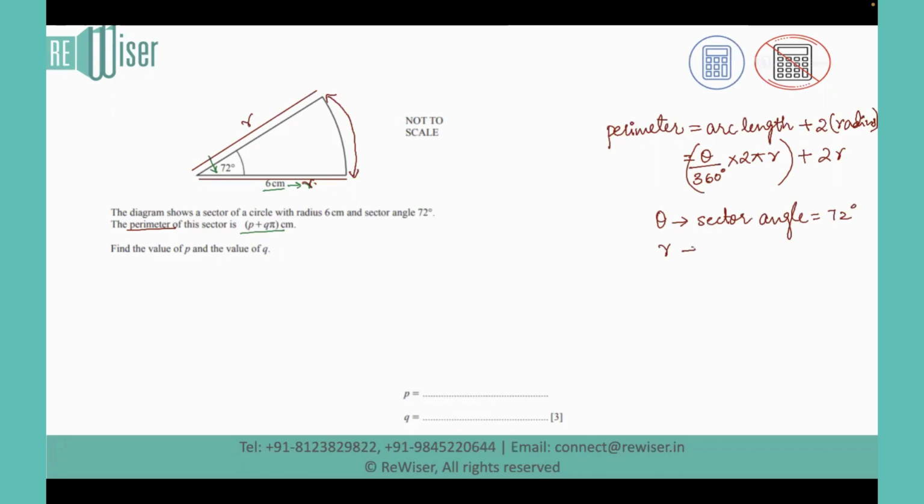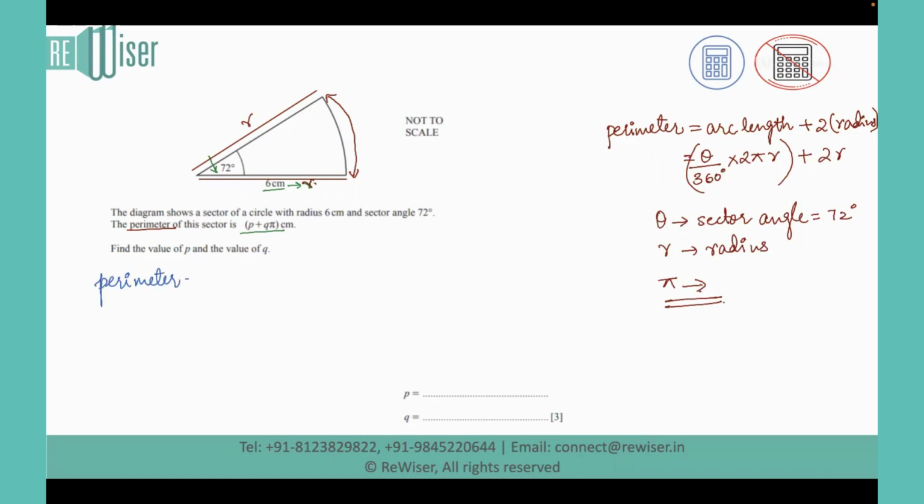R is the radius of the sector, and pi, as we know, is 3.14, but as we can see, the answer here is written in terms of pi, P plus Q pi. So we would not be required to substitute any value of pi. So let us apply the formula and see what we are getting for the perimeter of the sector.